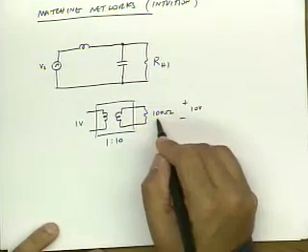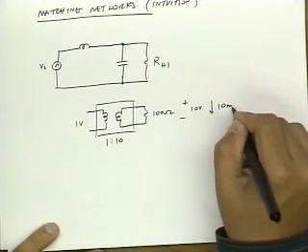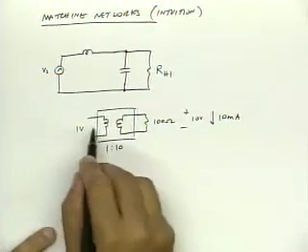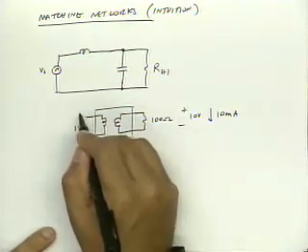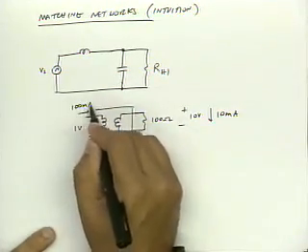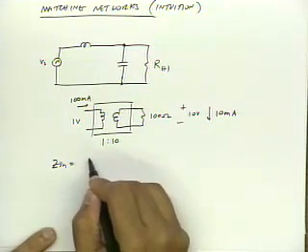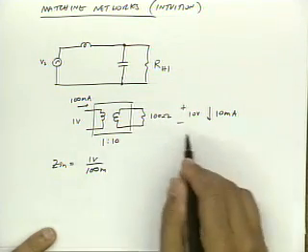And if I put 10 volts across 100 ohms, I know I get 10 milliamps of current. So if I have 10 milliamps of current flowing here, that means I have 100 milliamps flowing here. So from this point, I see 1 volt over 100 milliamps.